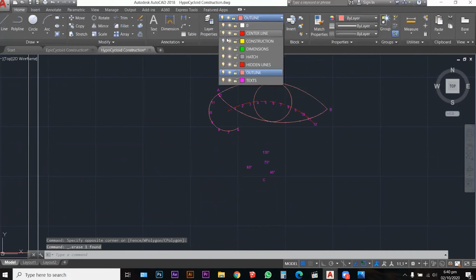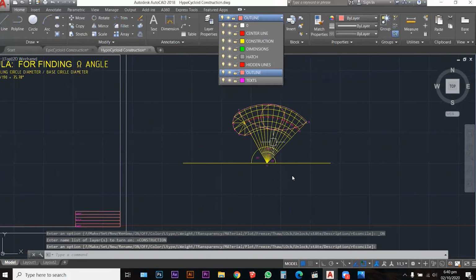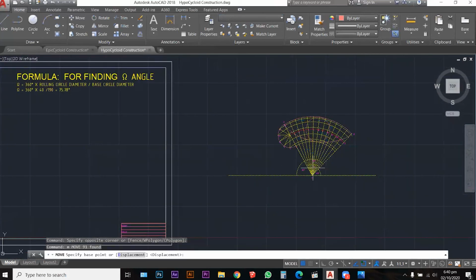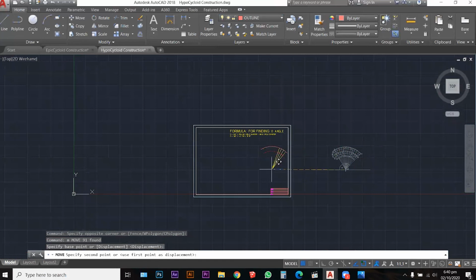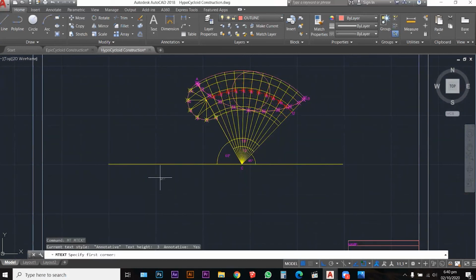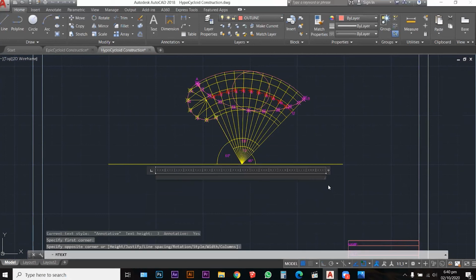So I'm going to place all this now into my frame, my title block. I'm going to put the title Hypocycloid.